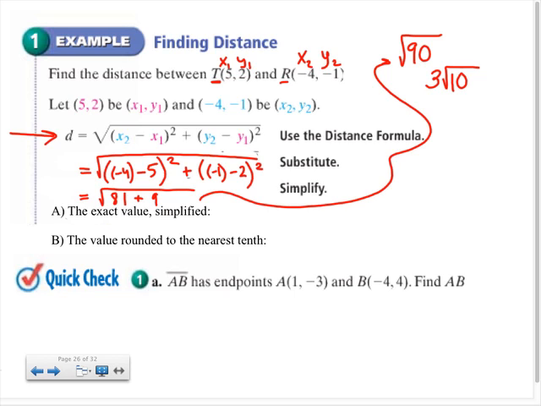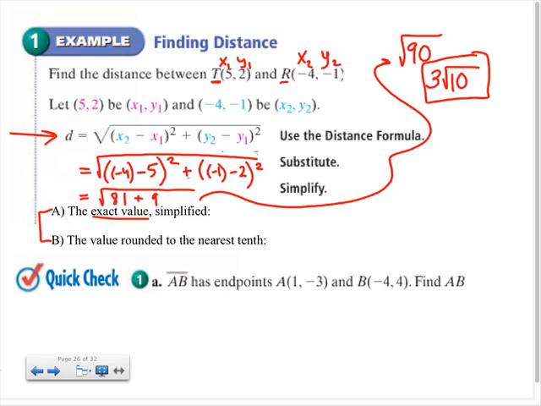You'll notice that in A and B down here, you're asked for the distance in two ways. You're asked first for its exact value. That refers to what I've just done up here, the exact value before it's been rounded or entered into a calculator, 3 radical 10. Now, if you had answered square root of 90 for part A, you certainly would have gotten most of your points because you demonstrated that you knew how to use the distance formula.